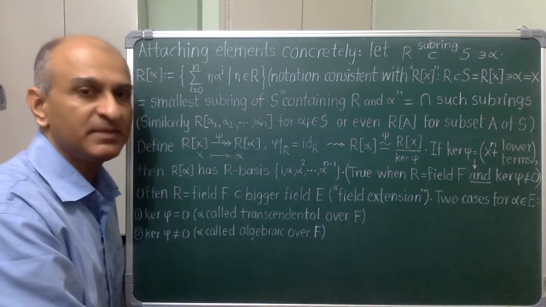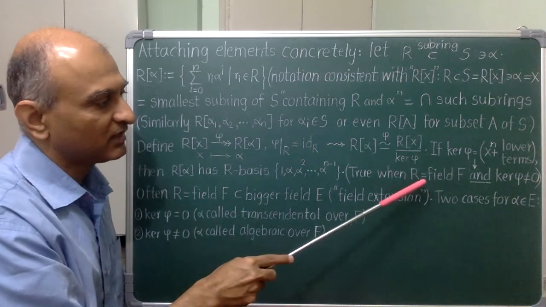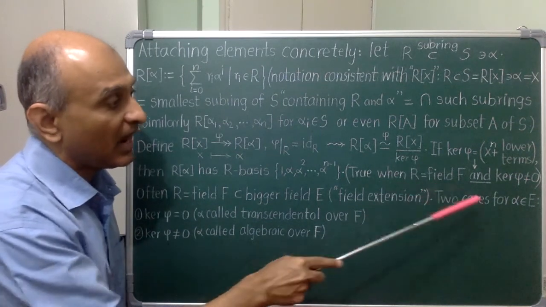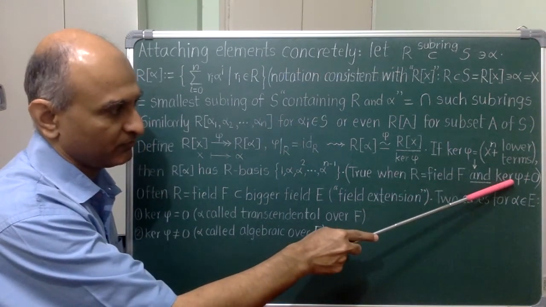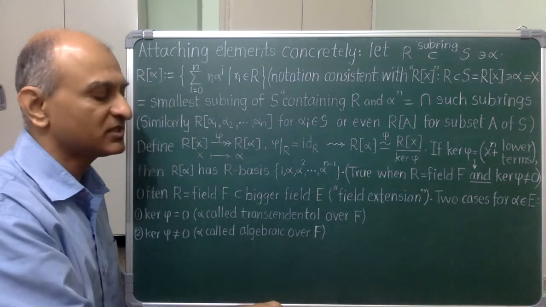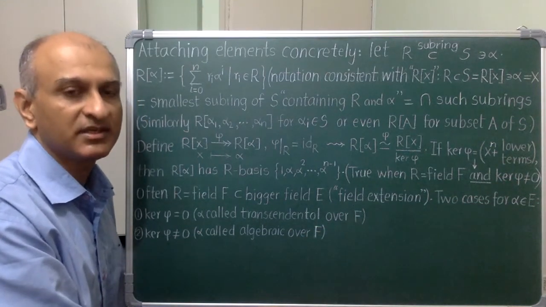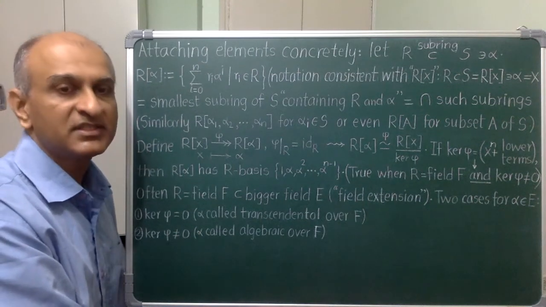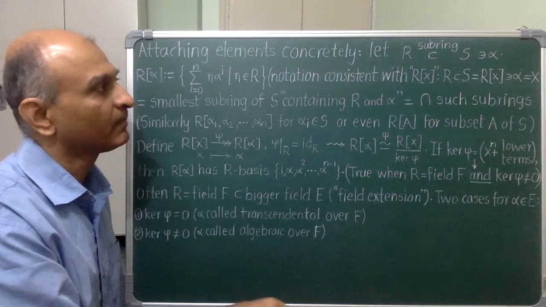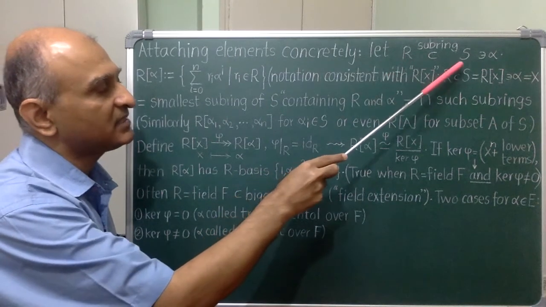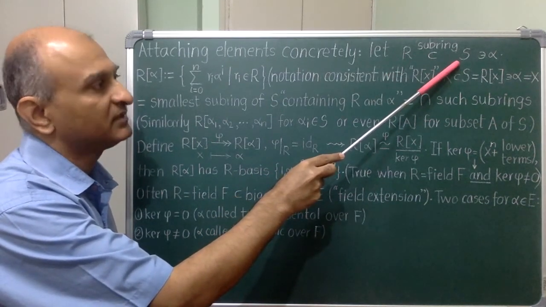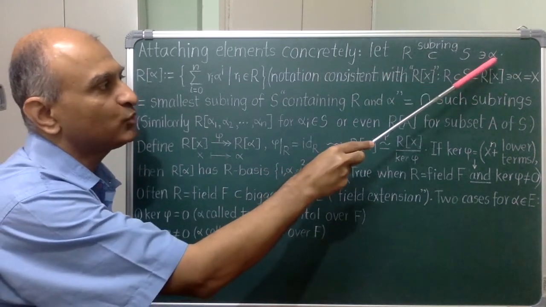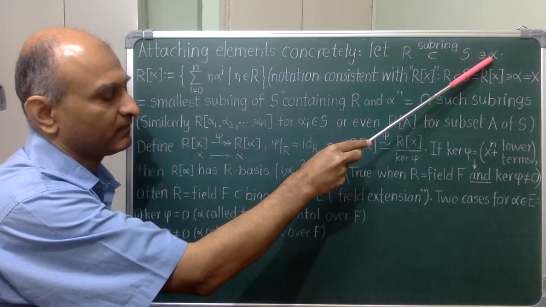I will always be in this situation if the ground ring is a field and the kernel is non-zero, because any non-zero ideal of F[x] is generated by a single monic polynomial. Often the situation is even nicer. Both R and S are fields. In this situation, I make two cases about alpha.